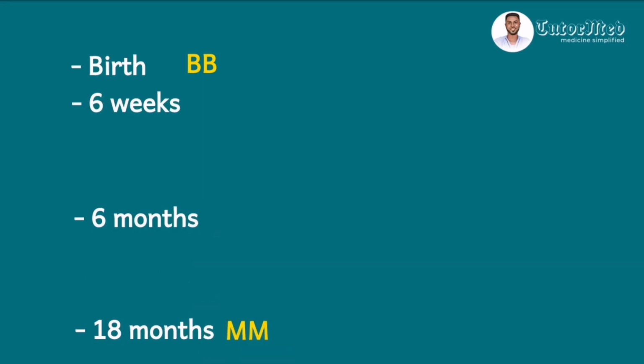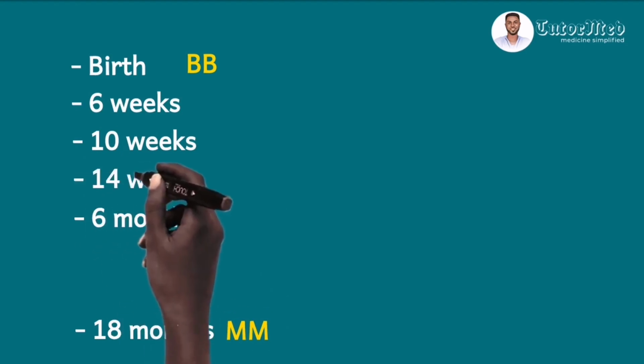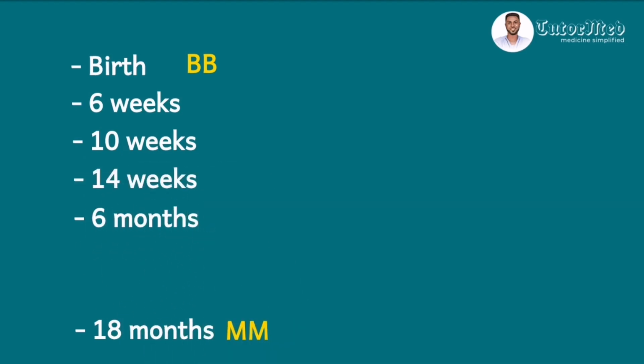And she saw that the weeks are separated from each other by the number 4. So from 6 weeks, you move to 10 weeks, and then from 10 weeks, you move to 14 weeks. And then the month category were also separated by the number 3. And so from 6 months, you move to 9 months, and from 9 months, you move to 12 months.